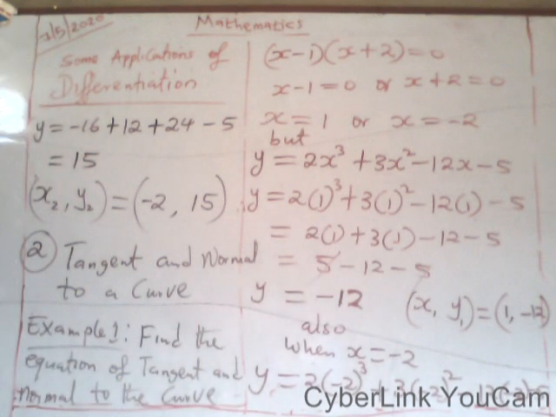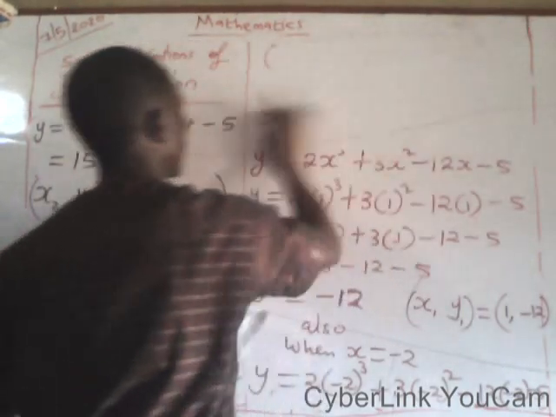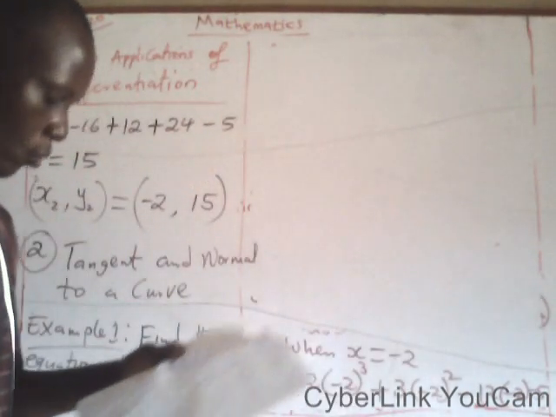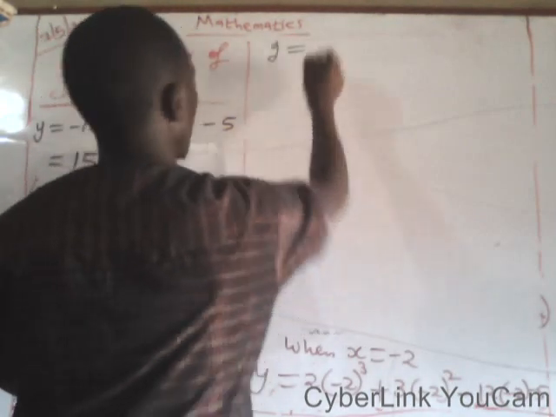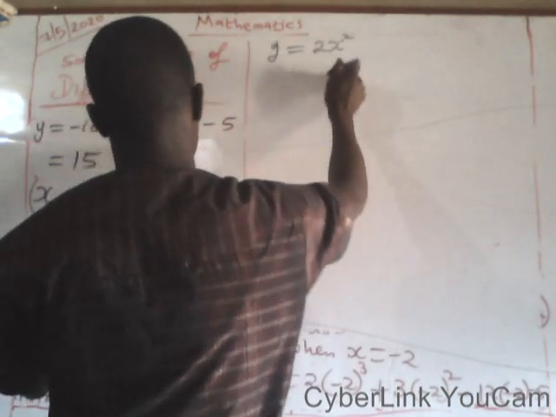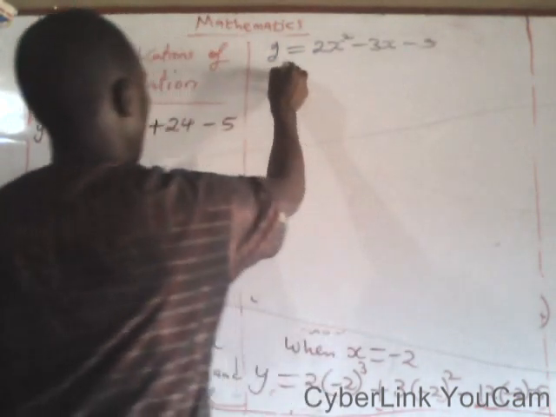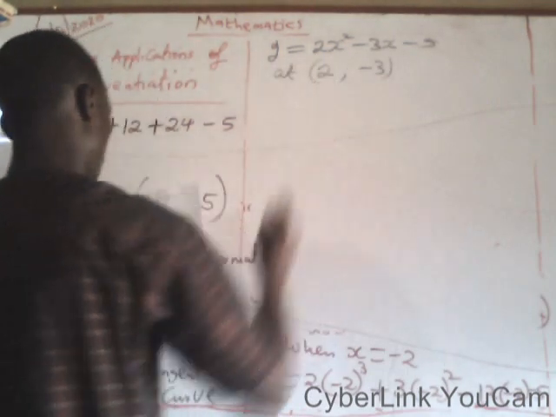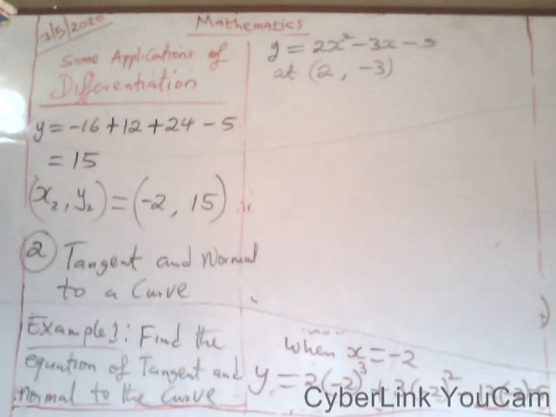So we are given the curve, we have to find the equation of the line, and the curve is y is equal to 2x squared minus 3x minus 5 at 2 and minus 3, meaning that at the point where x is equal to 2 and y is equal to minus 3.